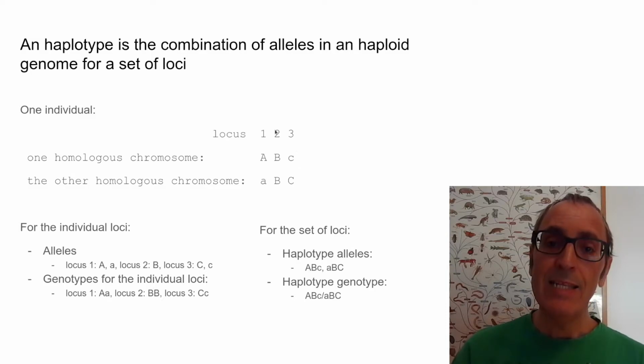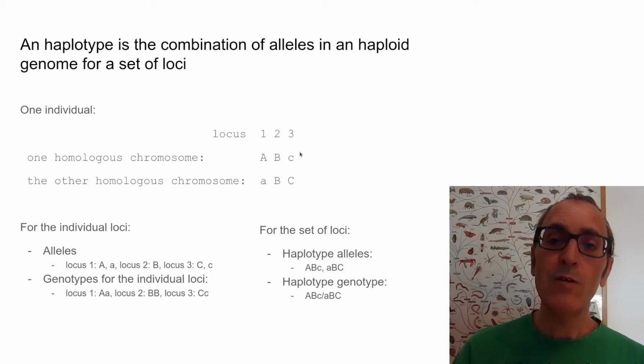In this case, for the locus A, the genotype is heterozygous. It's capital A, lower a. This is the genotype for the first marker. The genotype for the second marker is capital B, capital B, homozygous.